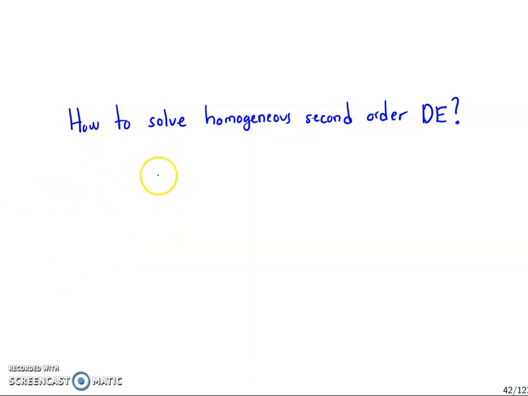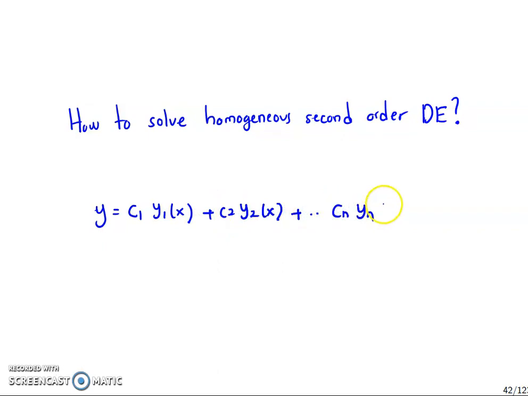The first thing we want to look at is to make sure that y1, y2, yn form a fundamental set of solutions for y equals c1 y1(x) plus c2 y2(x) plus cn yn(x). This is the general solution, and y1, y2, yn are n linearly independent solutions.